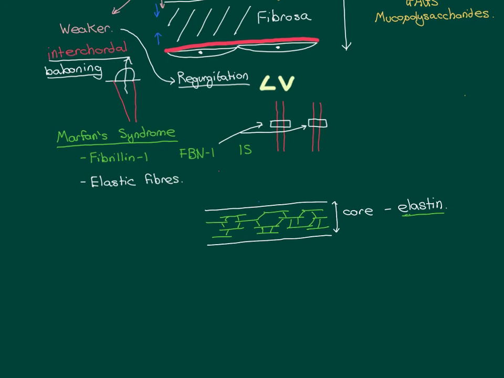What then is around the outside? Well, this is where the fibrillin-1 comes in. And I'll now draw fibrillin-1 on this picture in red. So fibrillin-1 polypeptides are going to form what we call fibrillin-1 microfibrils, and then those microfibrils are going to be around the outside of the elastic fiber core. So how do you form a microfibril? Quite simply, you take loads of the polypeptides and you bind them all together, you cross-link them together.